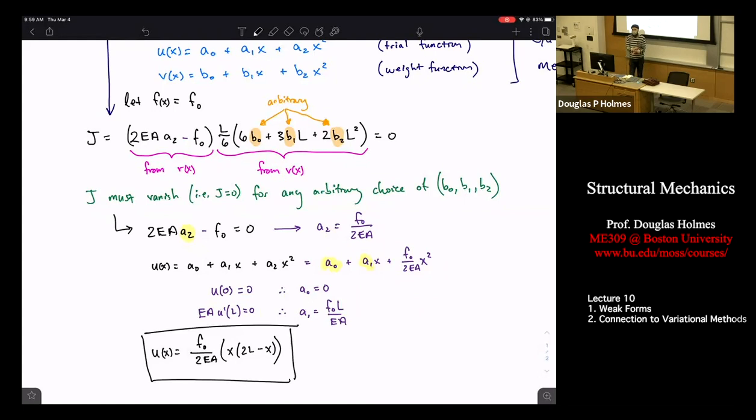I'll kind of give away the ghost here. It's equivalent conceptually to the idea of a virtual displacement. We're going to show that mathematically in a little bit, that the test function is essentially the virtual displacement. It's just a virtual displacement field.